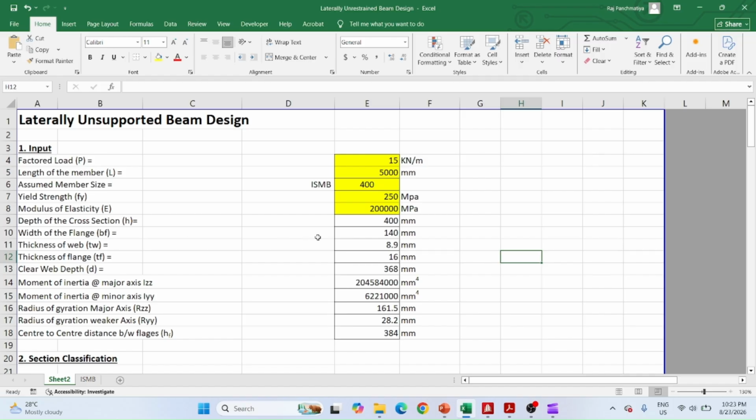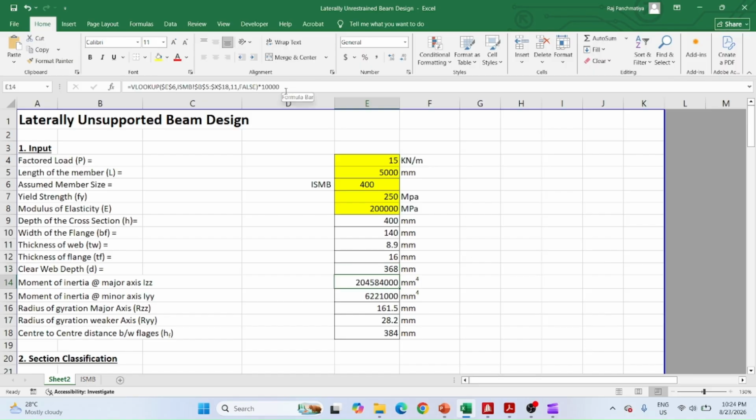Here I have used the VLOOKUP function, and using VLOOKUP I have taken all the properties. So width of the flange for ISMB 400 is 140 mm, thickness of web is 8.9 mm, thickness of flange is 16 mm, and clear depth, which is nothing but total depth minus 2 times the thickness of flange, comes out to be 368 mm.